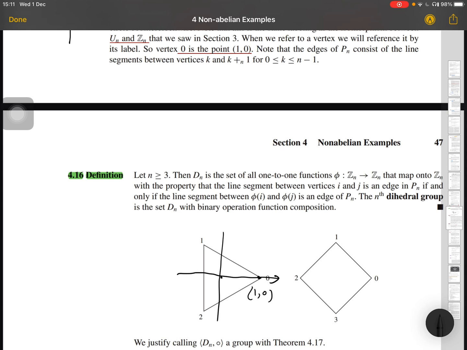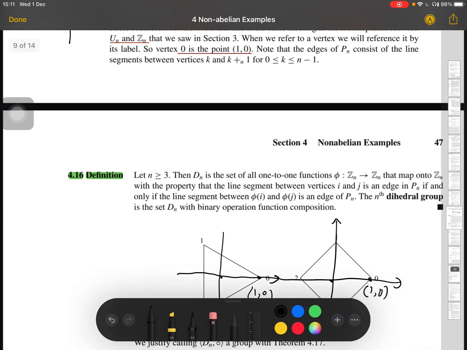Likewise for this square, based on what you've seen in section 3, this is your origin, this is your point (1, 0), and the rest are the points as stated in the paragraph up there.